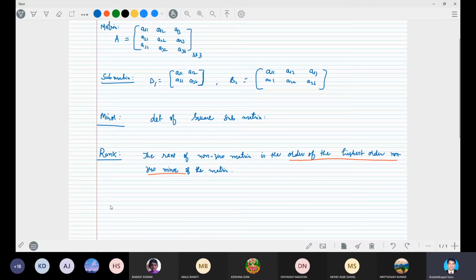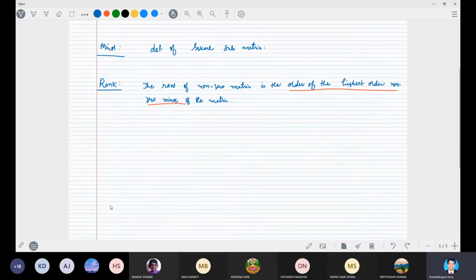Understand? Okay. Suppose A is the matrix. Its rank is denoted by rank of A equal to rho of A, or it may be denoted R or something. That means the rth order minor is the highest order non-zero minor, right?